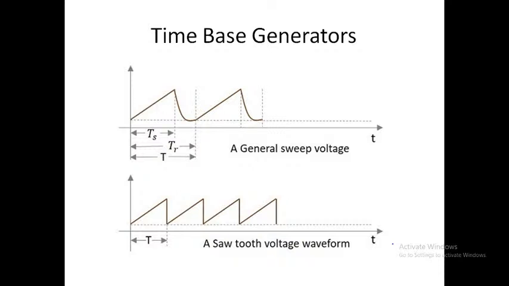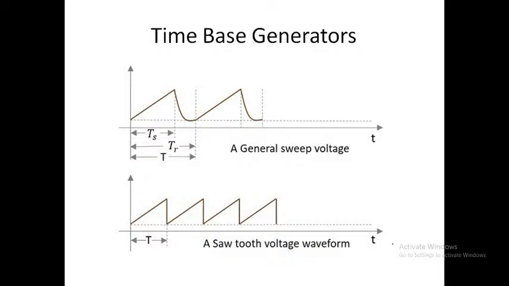The sweep voltage takes very little time for the restoration. There is a small restoration time in sweep voltage, but in sawtooth voltage you can see it instantly comes from maximum to 0.